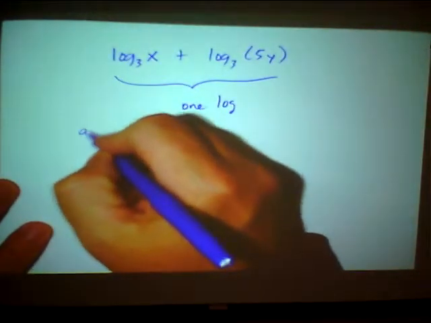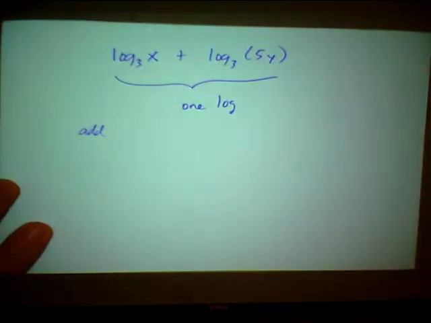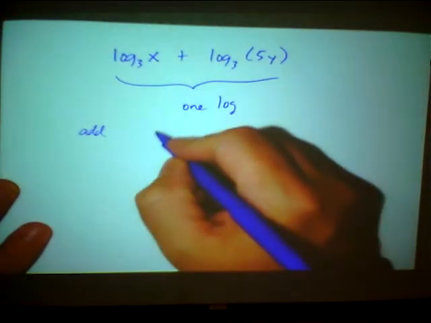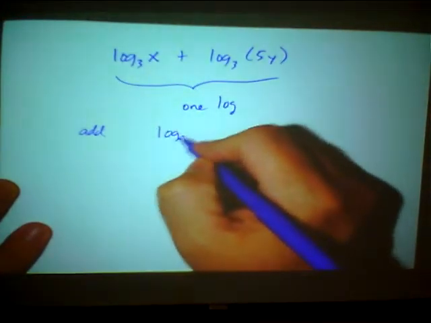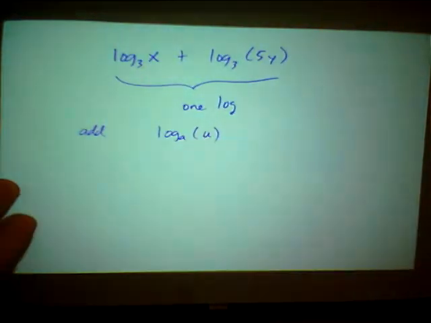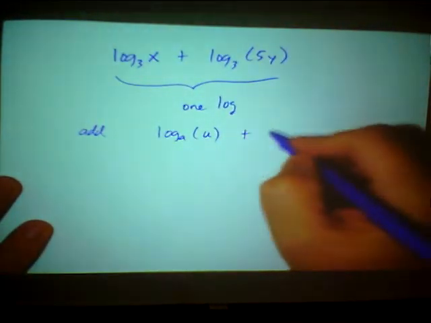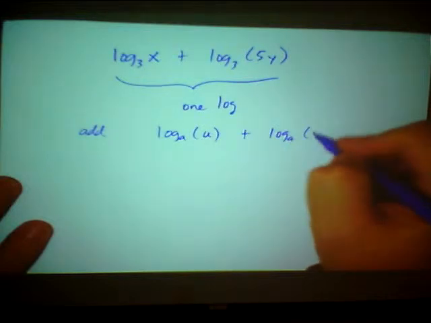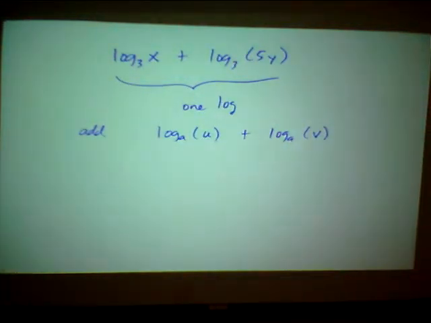The first rule is when you're adding two log terms. So if you have log base A of u plus log base A of v. A couple key things. One of the key things is, first, we're adding two log terms, and the second key is both logs have the same base.